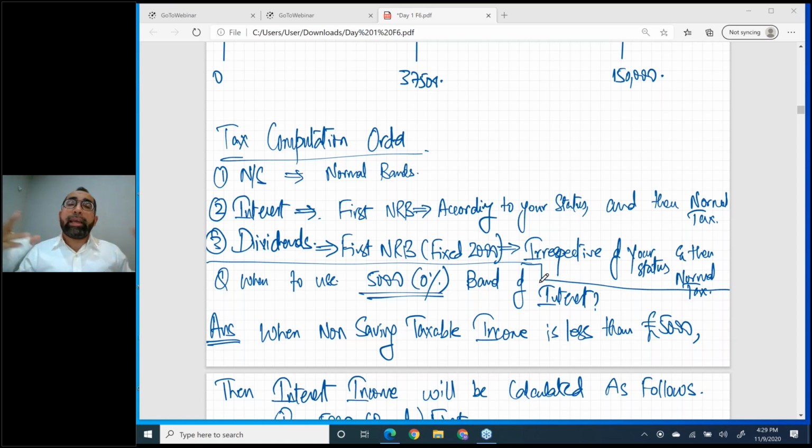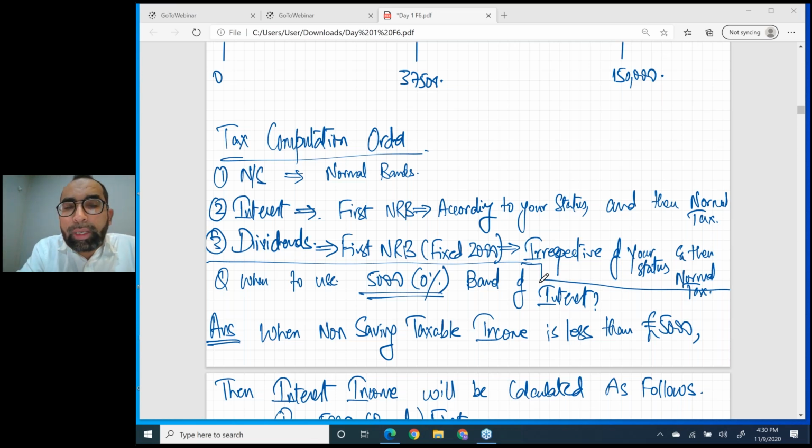If the taxpayer is a higher rate taxpayer, the interest NRB is only 500. And if the taxpayer is an additional rate taxpayer, then no interest NRB is available. So in normal circumstances, whenever you need to calculate tax on interest, this is the order: first NRB, then normal tax.